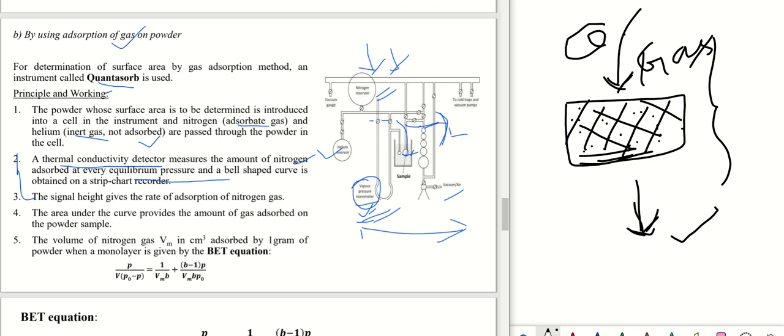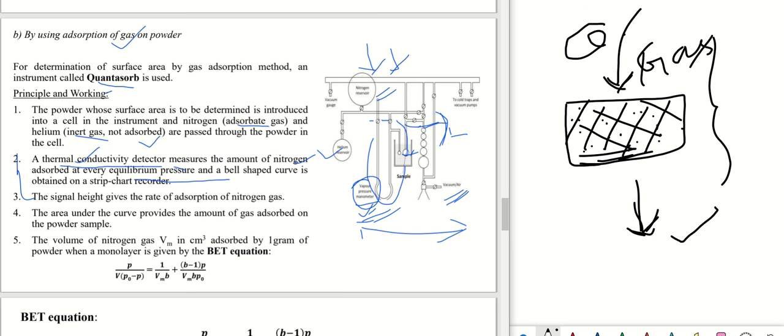Suppose an equilibrium pressure is maintained across this equipment by maintaining some vacuum, then how can we determine the amount of gas that is absorbed? It is by means of the thermal conductivity detector at equilibrium pressure. If equilibrium pressure is not maintained, a pressure difference can be created here, and that can be easily read by the manometer.